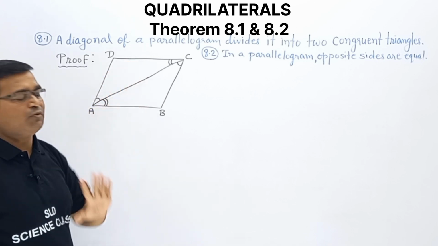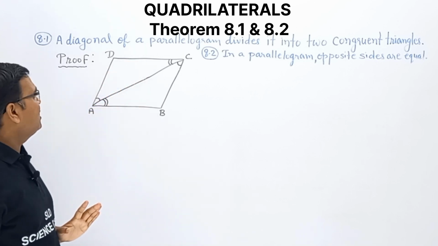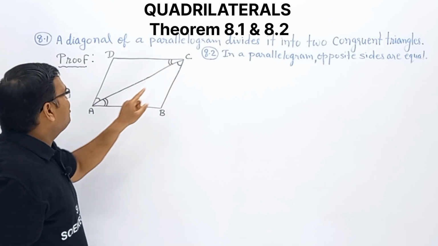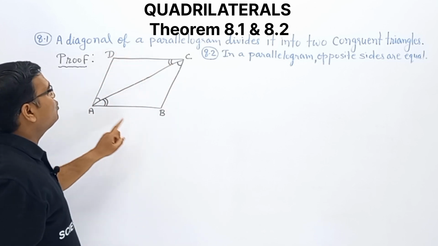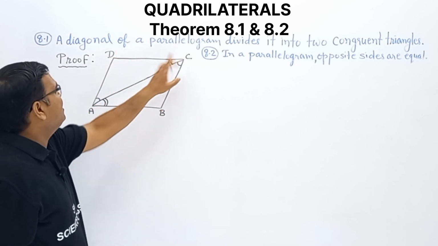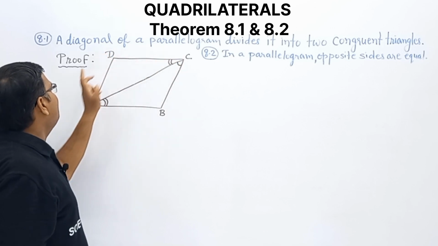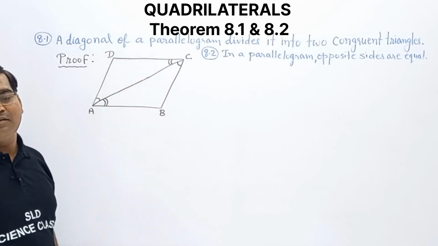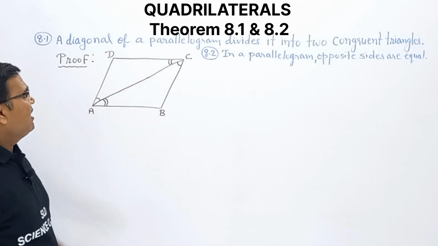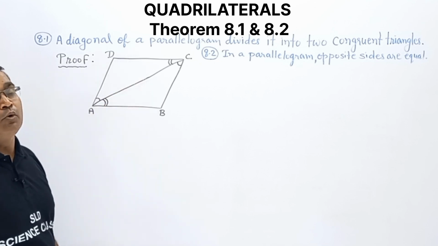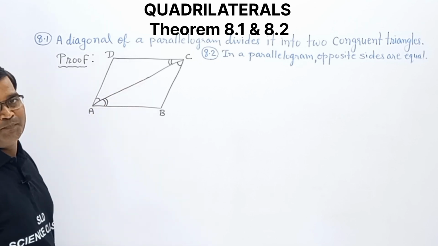We want to prove this one. Are you getting it now? This diagonal AC is dividing this parallelogram into two triangles ABC and CDA, and these two triangles are congruent. This thing we want to prove.